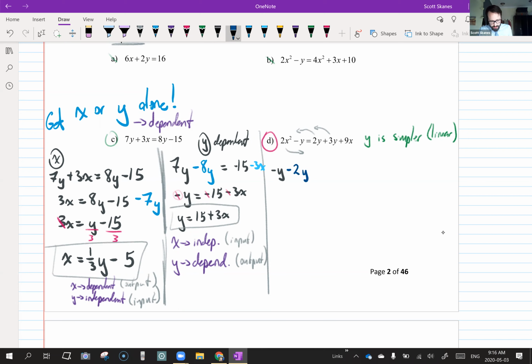I don't think I should need to tell you this, but you never know. Equals 9x stays where it is, and then I'm going to subtract 2x squared. Okay, now all I need to do is simplify the y's and divide. So negative 1 minus 2 minus 3, that's negative 6y's. On the right side, it's okay, but normally we want the bigger coefficient, the squared term in front. So I'm just going to rearrange.